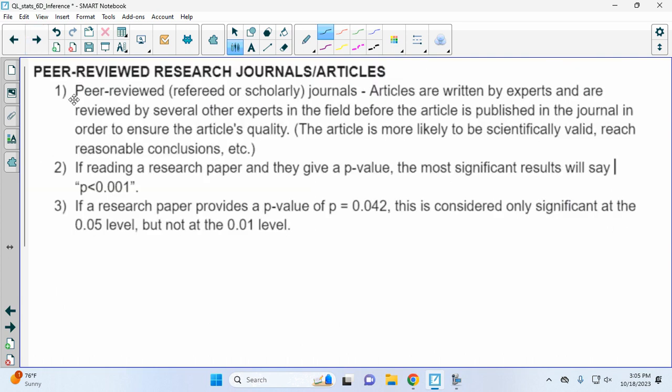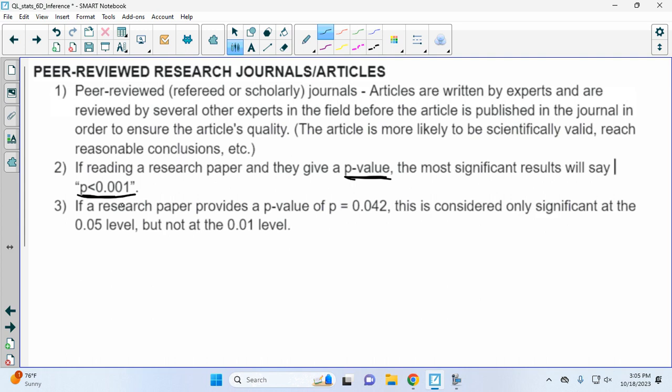And then the last information here is just some information for you. If you're reading a research paper and they give a p-value and it says p is less than 0.001, that means that it was very, very, very significant results.